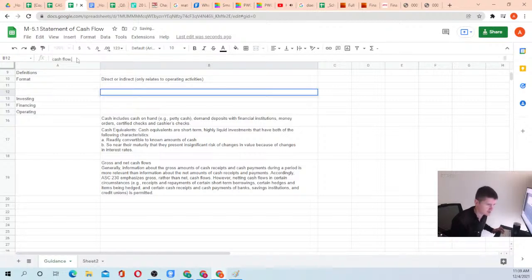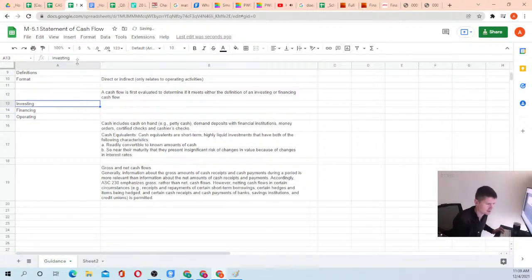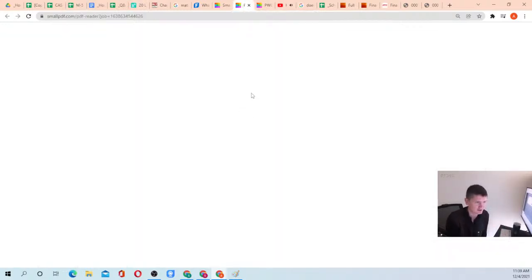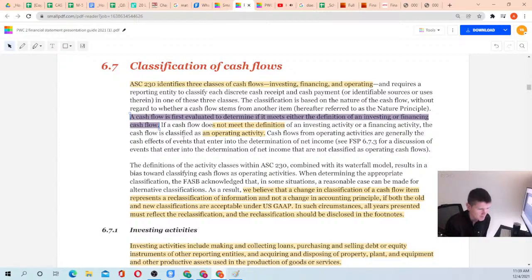If the cash movement meets the definition of investing or financing, and then whatever is left we just assume this is an operating cash flow. If it doesn't meet a definition of investing or financing, we assume this is an operating activity.